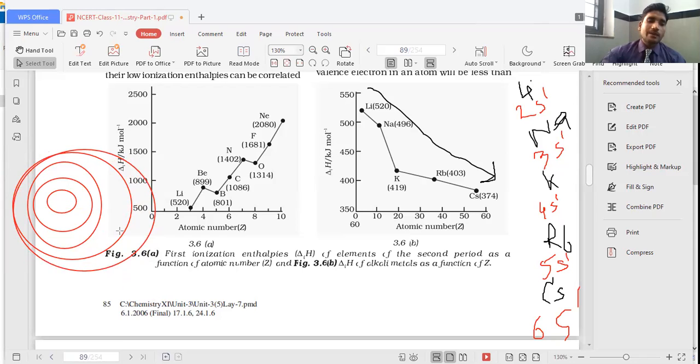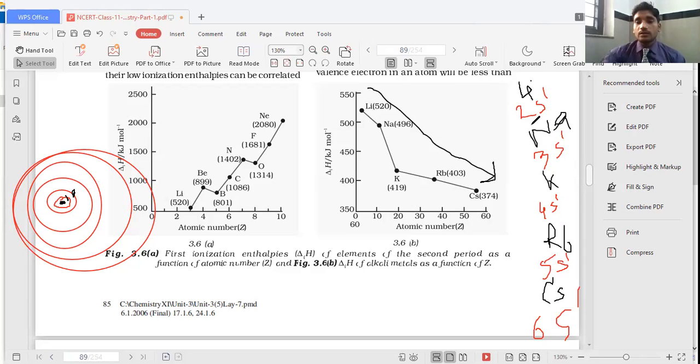So let's see. In case of lithium, let this black point be your nucleus. Then first orbit 1s1, second is 2s1, means your electron is present here in the second orbit.